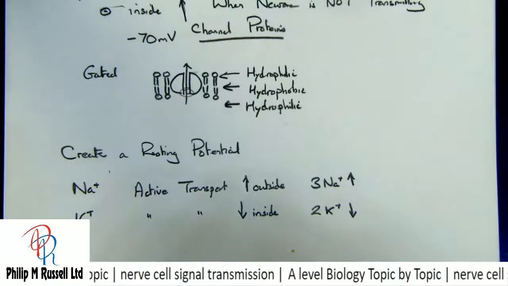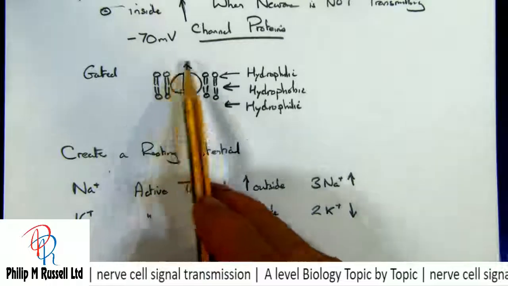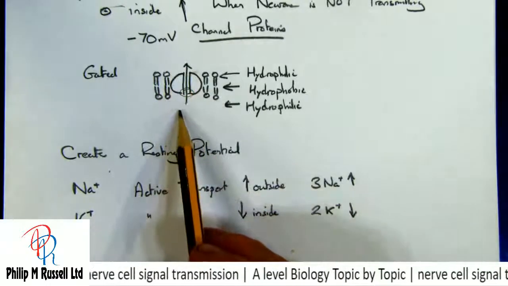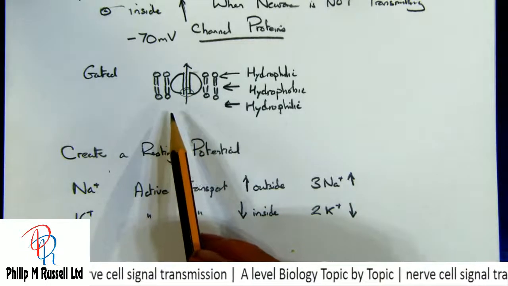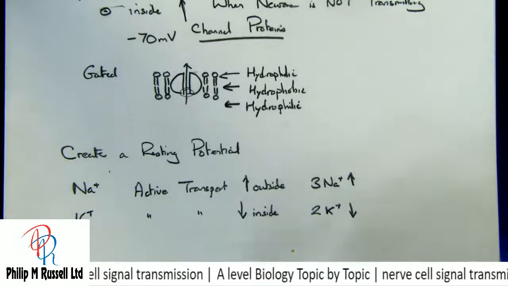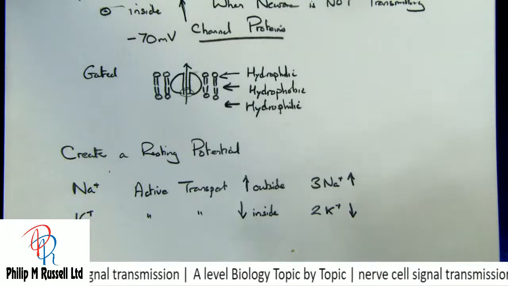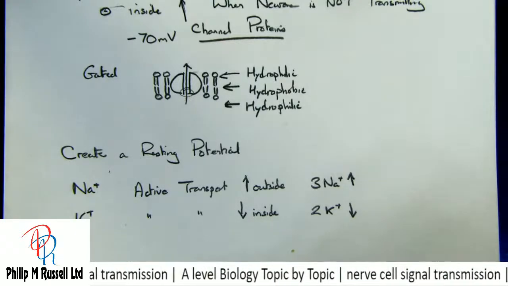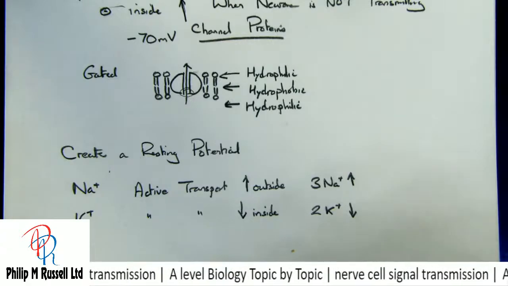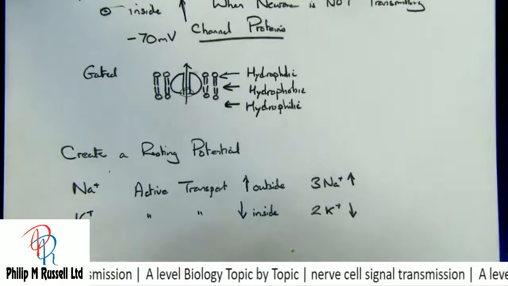As a result, there are more sodium ions on the outside than there are potassium ions on the inside. Therefore, the sodium ions want to diffuse back into the axon down, this time, what we call the electrochemical gradient.